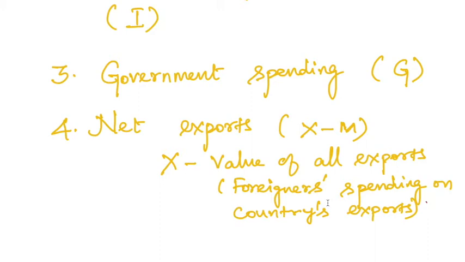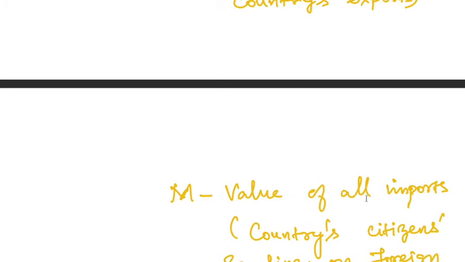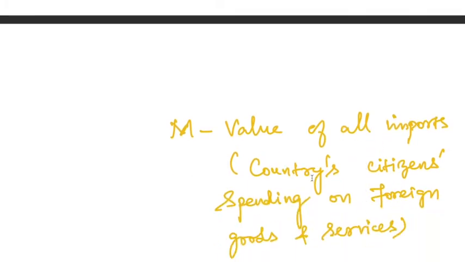So that is foreigners spending on the country's goods and services. And M is the value of all imports. So this is the country's citizens spending on foreign goods and services. If you're buying an iPhone, it's coming from China, and then you're spending your money on a Chinese good. So you're spending money on foreign goods and services.